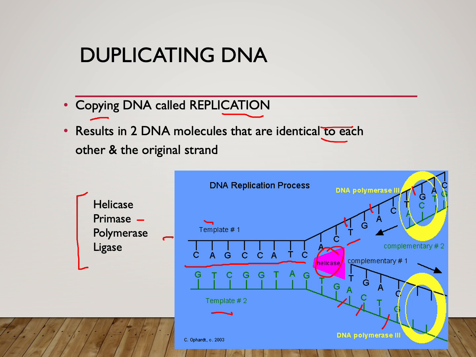And so your polymerase comes in and builds that new strand, the complementary strand. You'll notice that one is moving in this direction and one is moving in this direction. That has to do with something known as 5' and 3', and we'll look at that in just a minute.